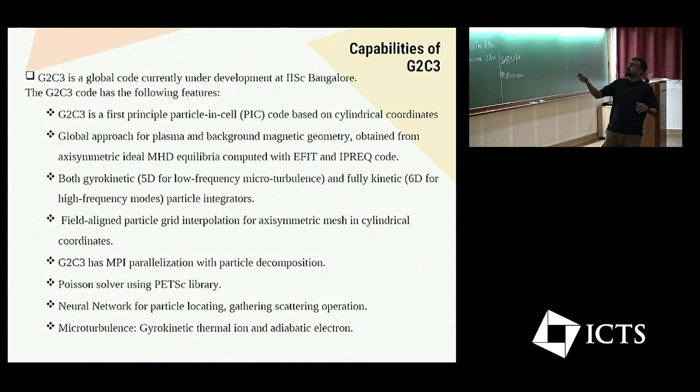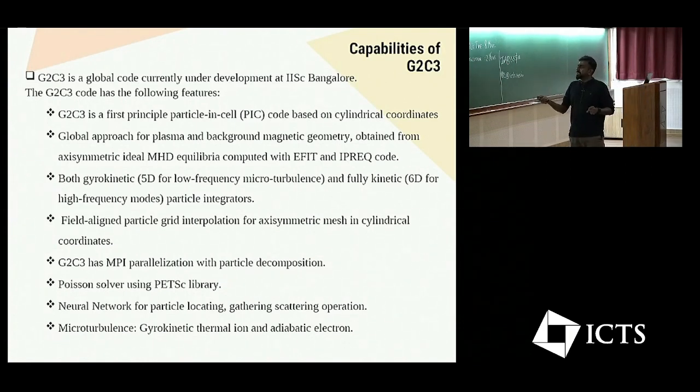Overall, to conclude, we have managed to build this G2C3 code, which is developed completely at IISc. It's a particle in cell code, and it makes use of various experimental data and different configurations, either from IPR, Ahmedabad, or other tokamaks worldwide, and we also have a 5D version of the gyrokinetic particle in cell code.